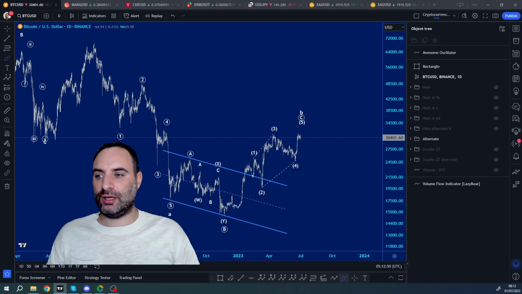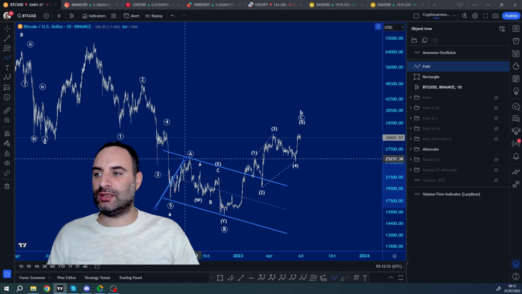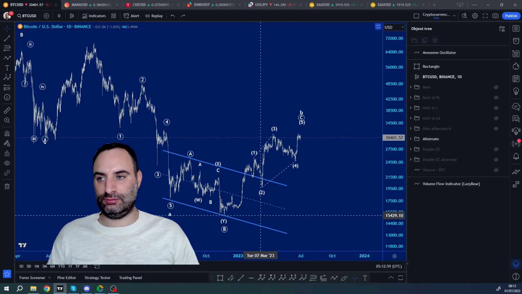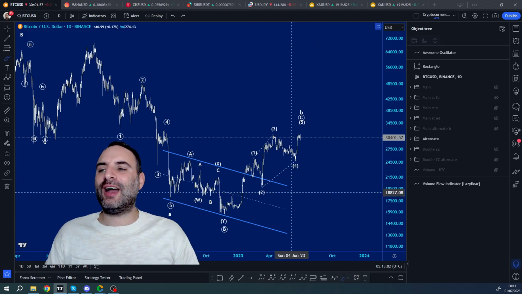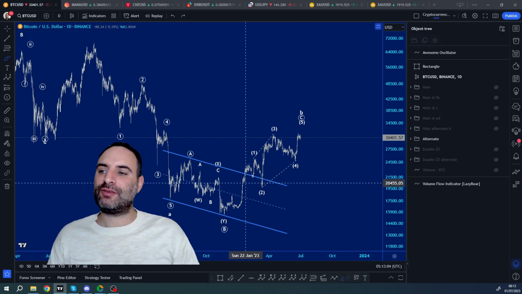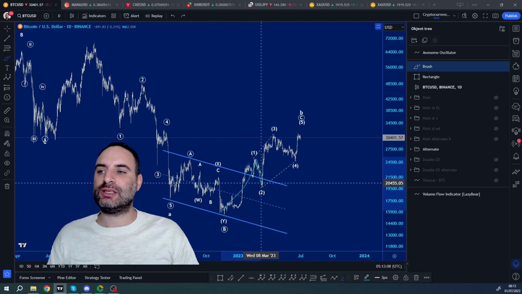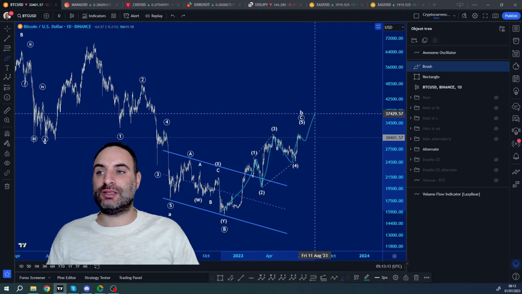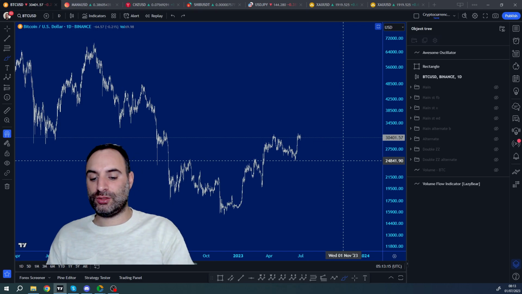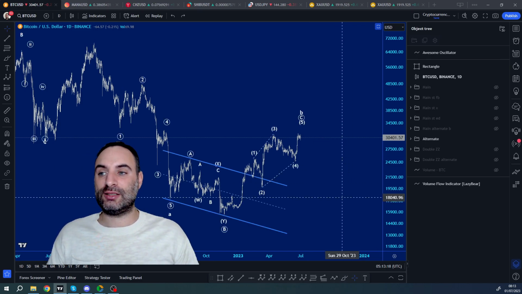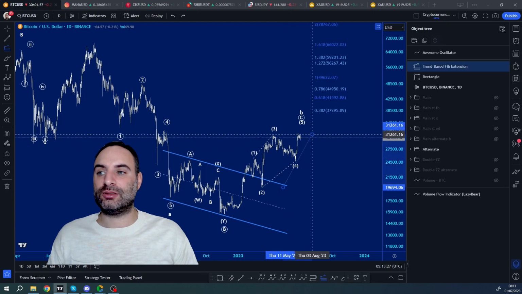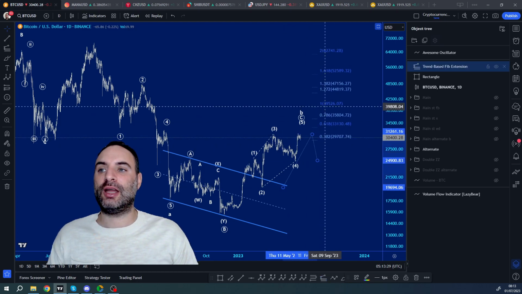An alternate is an ABC in wave B, cycle B, in a diagonal instead. Why I'm not really keen on this is because it doesn't have the right look. But if you look at this as an ABC in 2, ABC in 4, and ABC, that actually is going to be a contracting ending diagonal, with wave 4 smaller than wave 2, wave 3 smaller than wave 1, and wave 5 would have a limit in this particular case up to around 39.50.